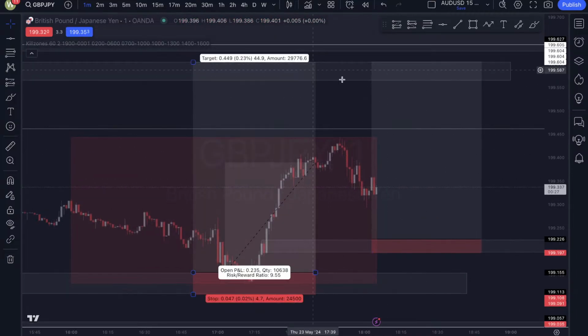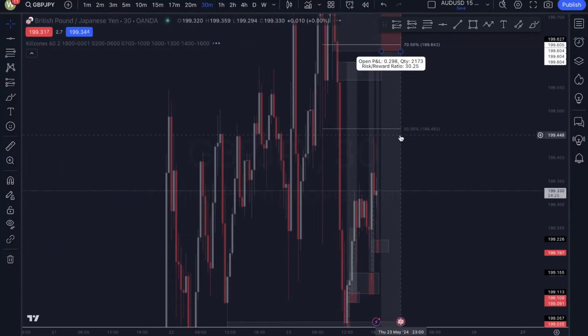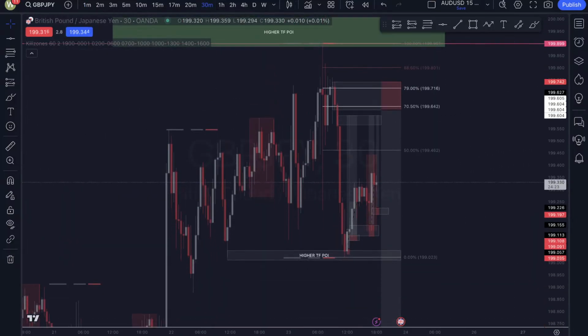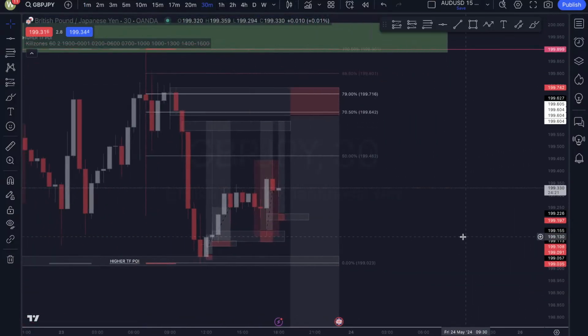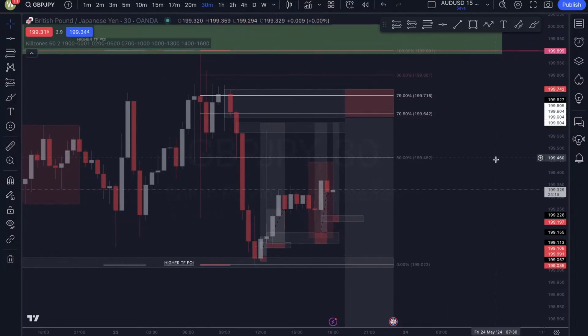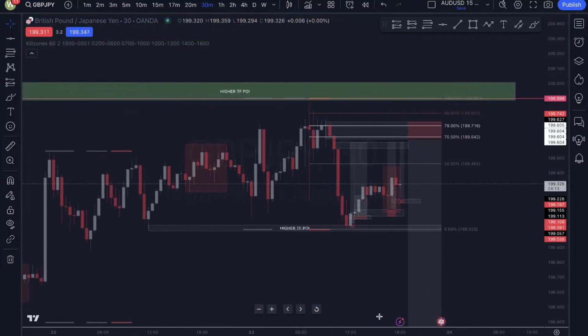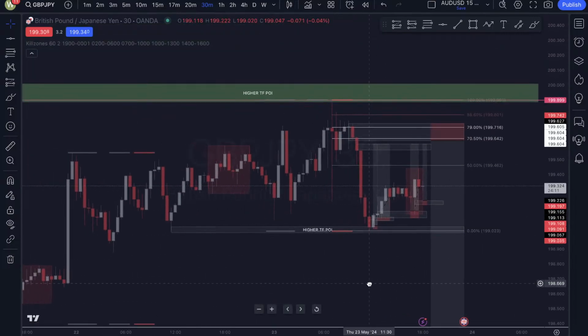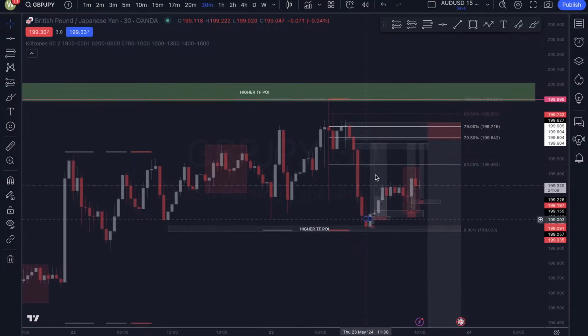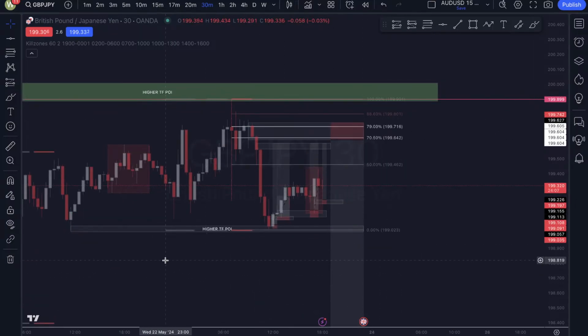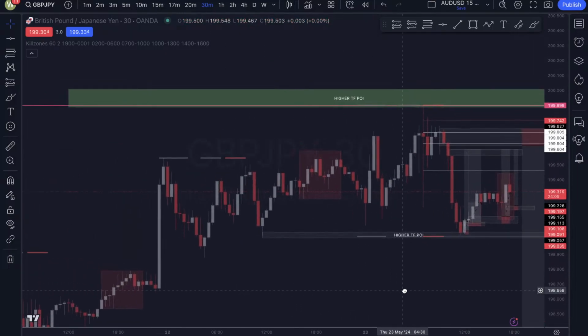London is here, and I mean Asia is here. And another thing is with the Asian session, if it's built below our POI, that is more confirmation that the draw on liquidity is for the downside. So we should be able to get that bigger push down to clear out the Asian lows.